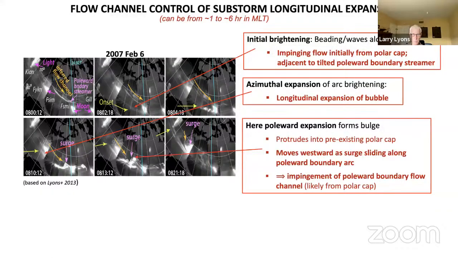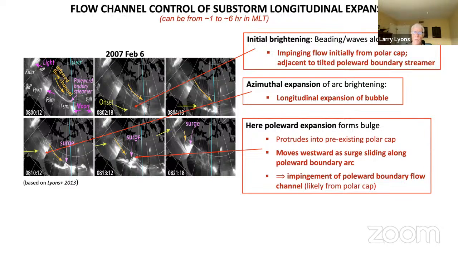So this means that it's the impingement of the flow from the polar cap adjacent to that poleward boundary arc, which is a flow channel, likely from the polar cap, that's directly feeding the westward traveling surge and making it continue and expand westward.